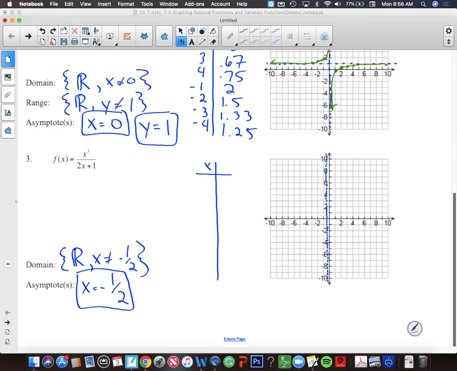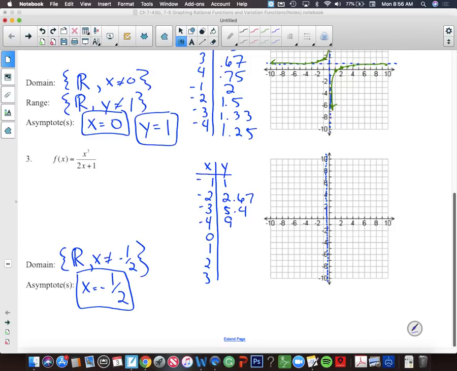So these are the points that you should probably do. So if we're doing a -1/2, I have -1, -2, -3, -4, and then 0, 1, 2, 3.